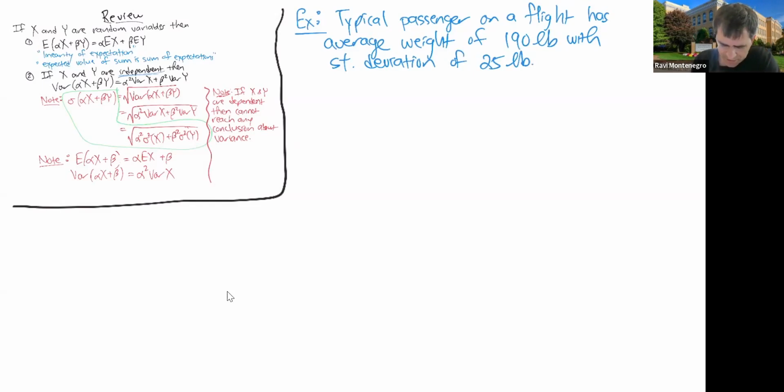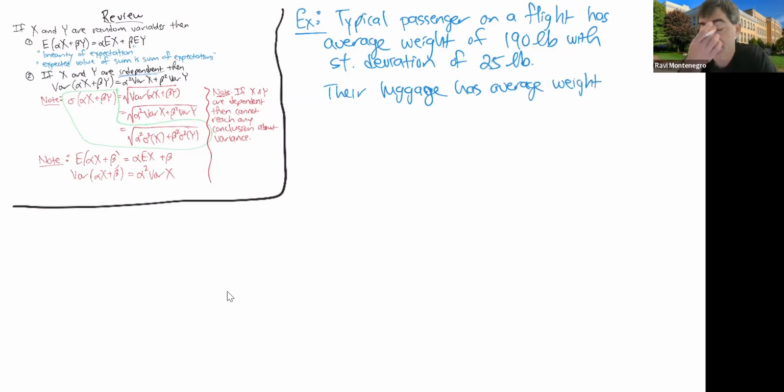And then they also have luggage that has an average weight as well. Now, if somebody has a suitcase, it's going to weigh a lot, but these days most people don't bring a suitcase because it costs extra money. So let's say an average weight of 25 pounds, with standard deviation of 10 pounds.